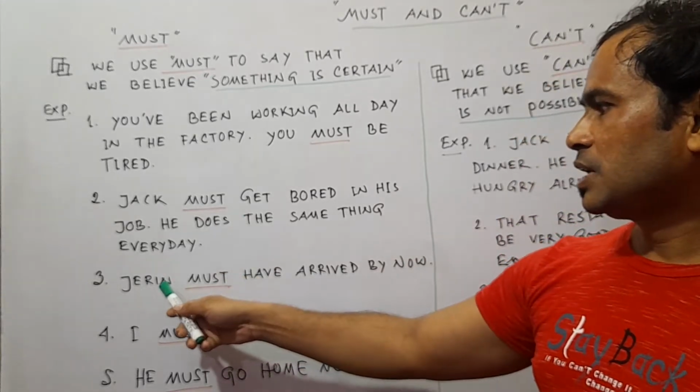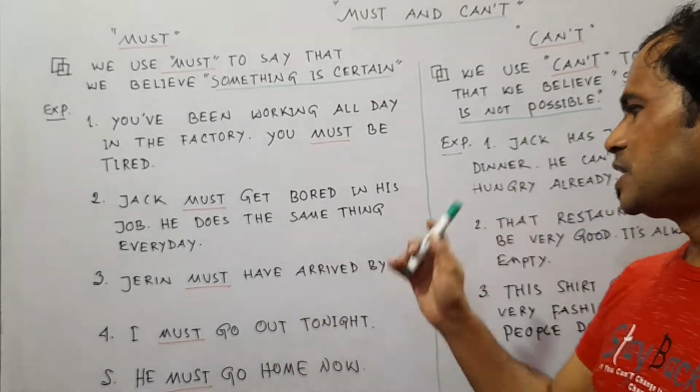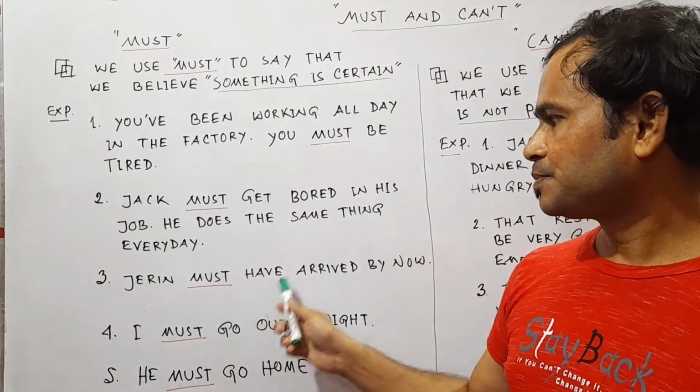So the next example is: Jane must have arrived by now. What does this sentence mean?